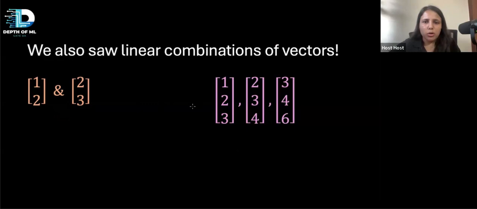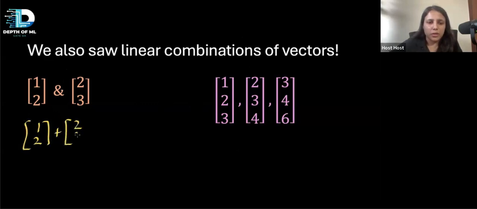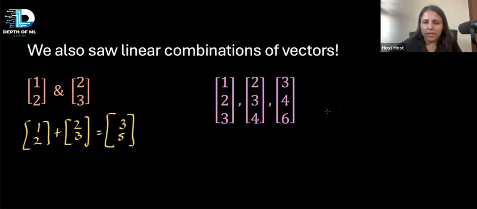Then we also saw that we can take the linear combination of these vectors. So what I can do is I can add these vectors, right? And I can get a new vector, 3, 5. I can also add these three vectors and I'll get a new vector. Fine. So I also can take the linear combination of these vectors.